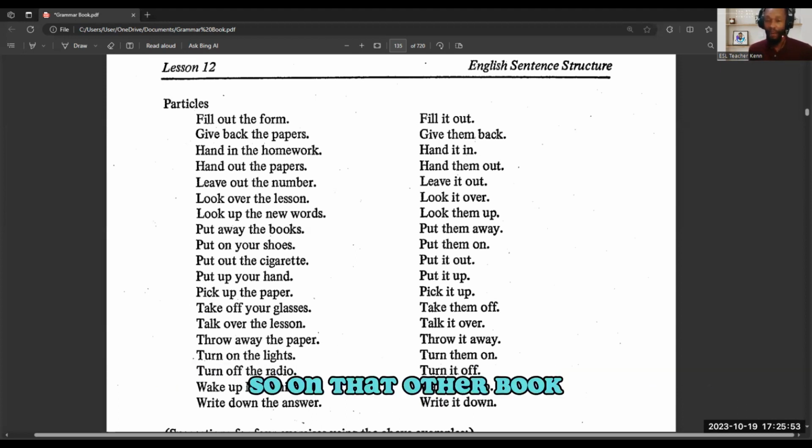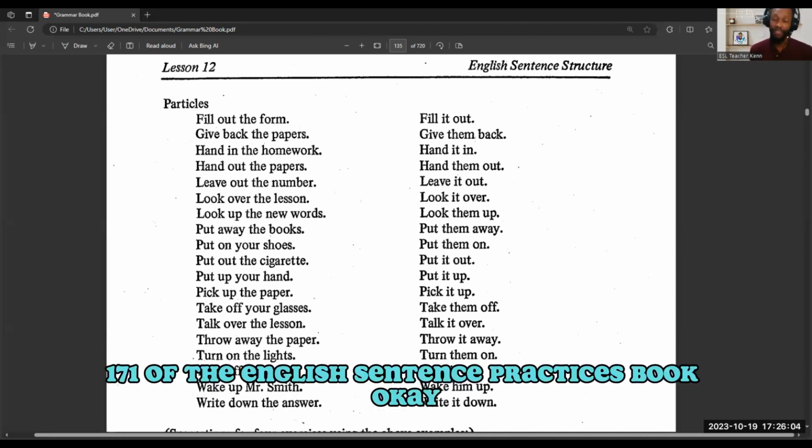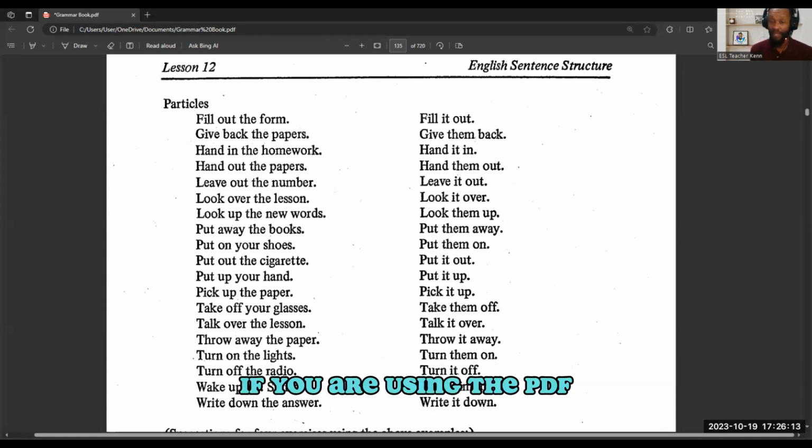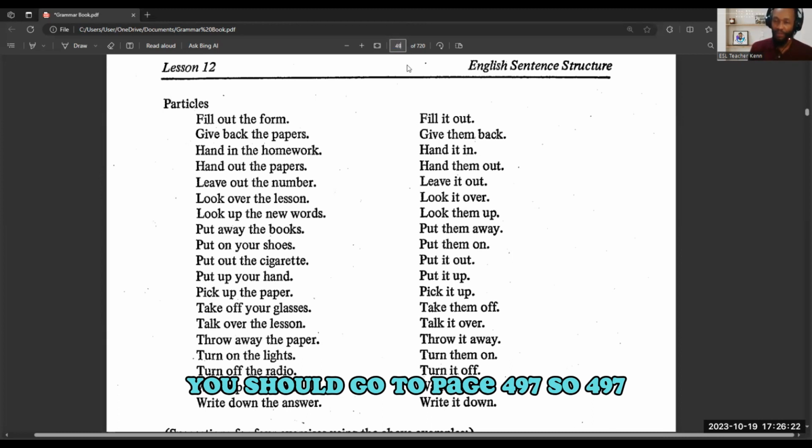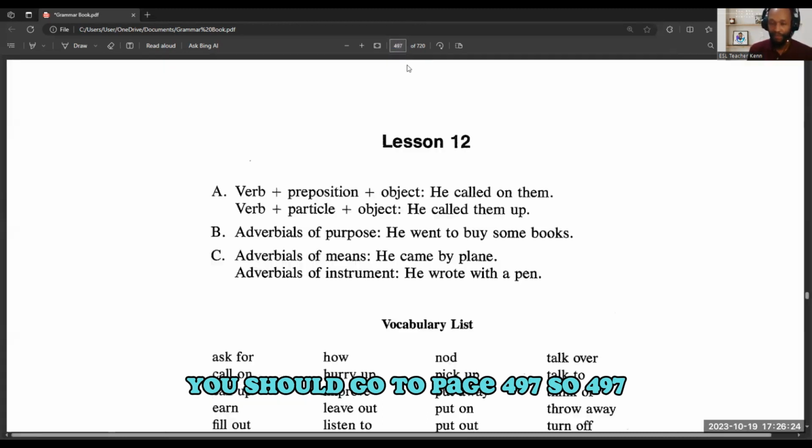If you have it in physical form, it's going to be on page 171 of the English Sentence Practices book. If you are using the PDF, you should go to page 497.